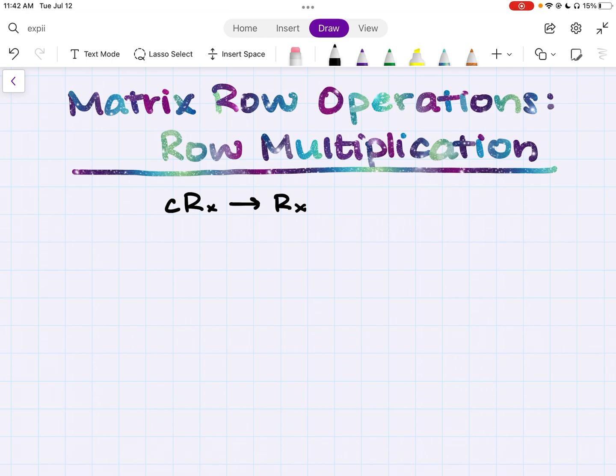So let's first write out the definition of row multiplication.